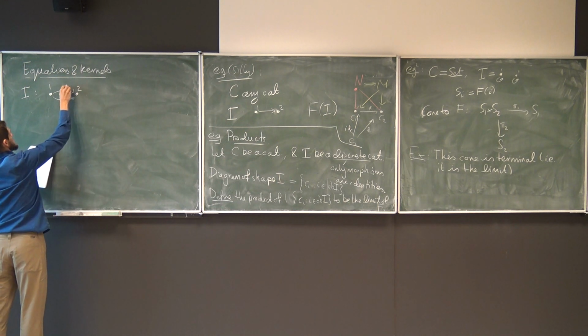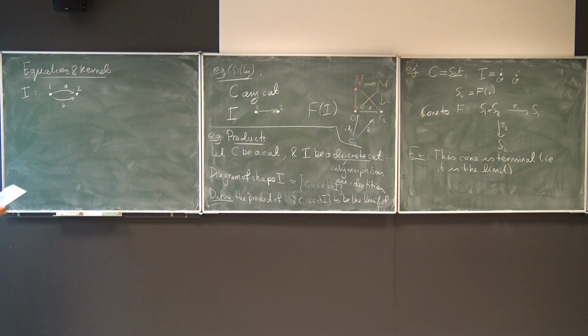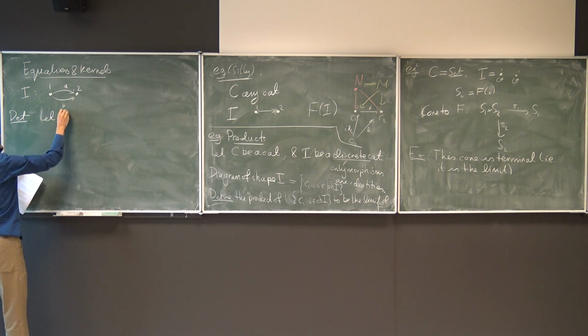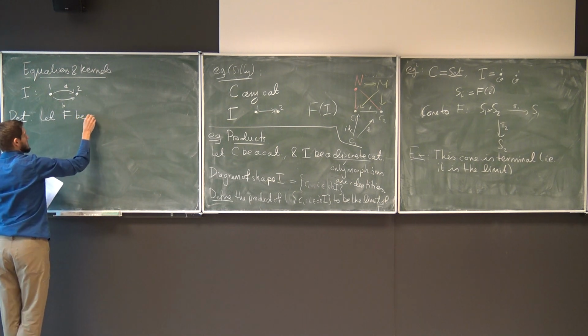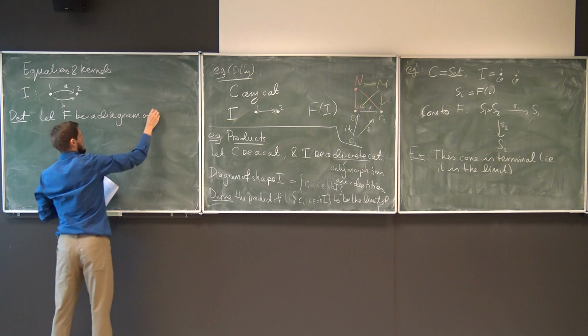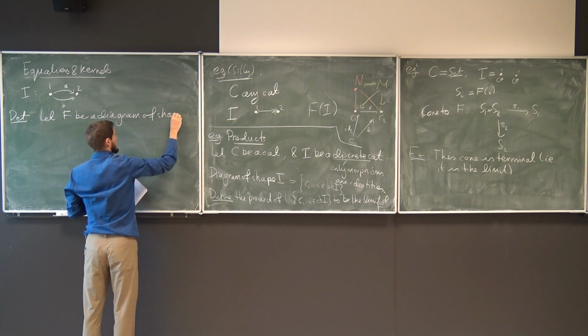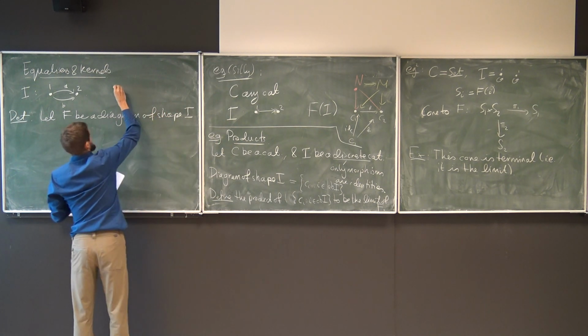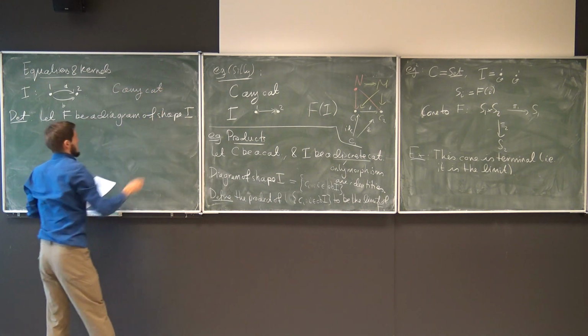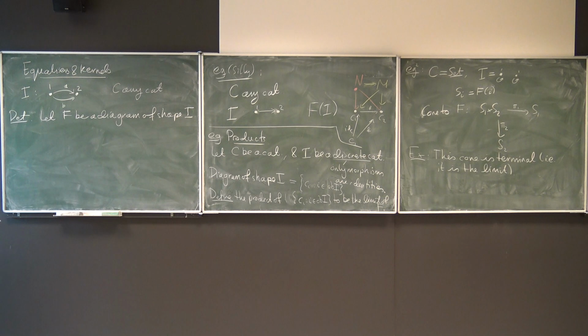Maybe they're called A and B. Okay, so definition. Let F be a diagram of shape I. At this point C is any category. So F is a diagram of shape I, in other words a functor from I to C.